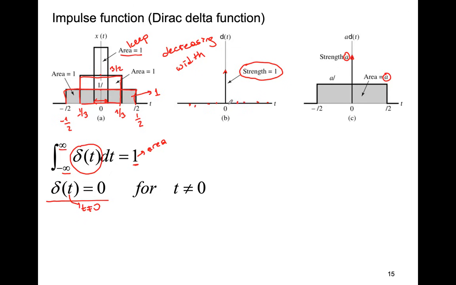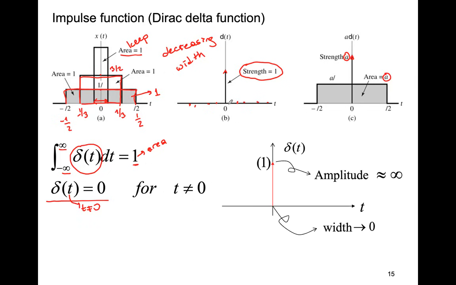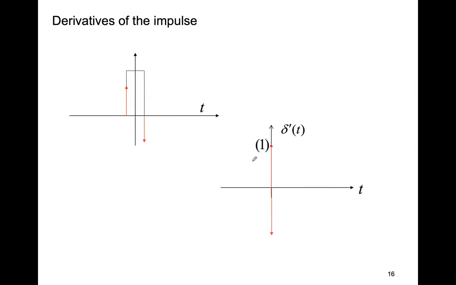Its value is not 1, but its strength, the area under this function, is going to be equal to 1. Okay, the amplitude is infinity, width goes to 0, so my strength, the area under this, will be equal to 1. So I hope you got the main idea.